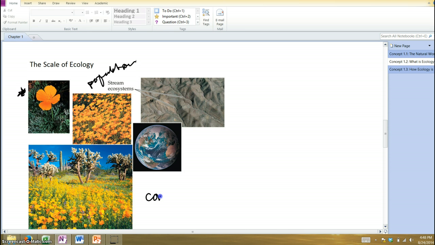We can also look at communities, groups of different species interacting with each other, and how they affect each other.